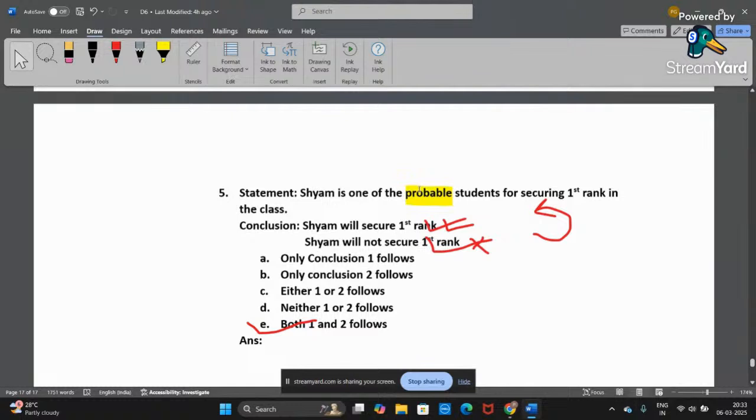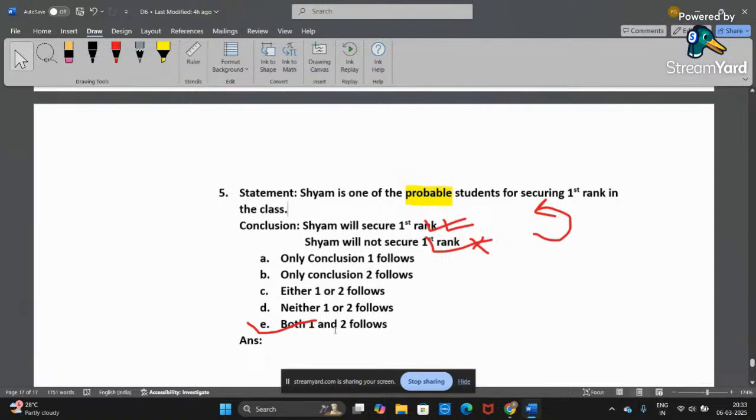That is the possibility, right? So in that case, the conclusion can be he will secure or will not secure. Based on this, we need to decide whether the conclusion is right or wrong.